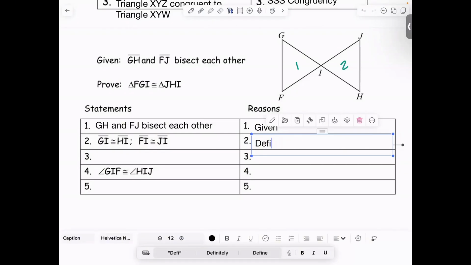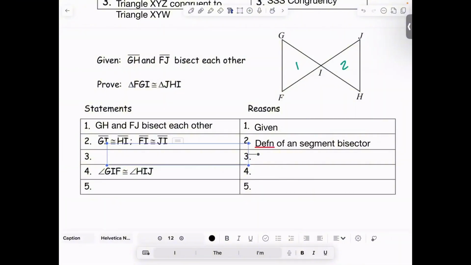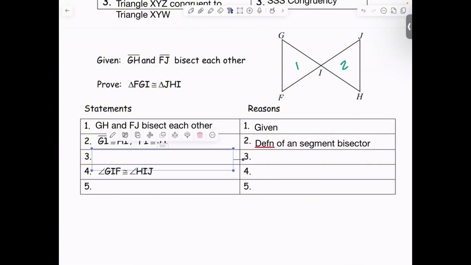Definition of an angle, or no, sorry, segment bisector. There are, of course, angle bisectors out there. So again, we know by definition, definitions are common in proofs, and we know that segment bisectors essentially cut segments into two equal parts, right? Or two congruent parts.